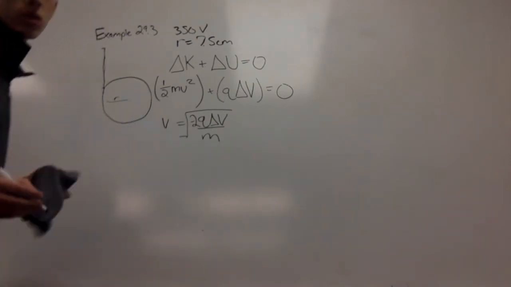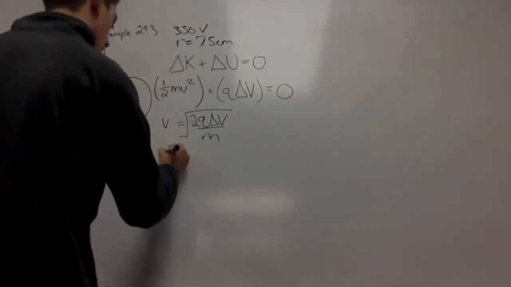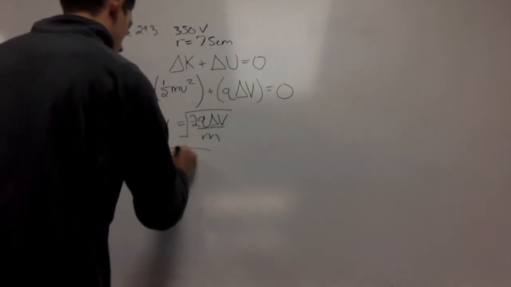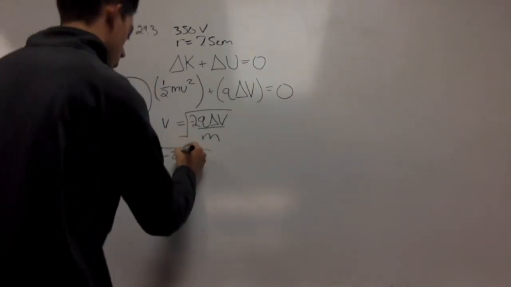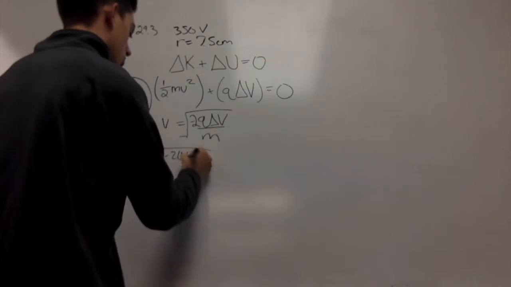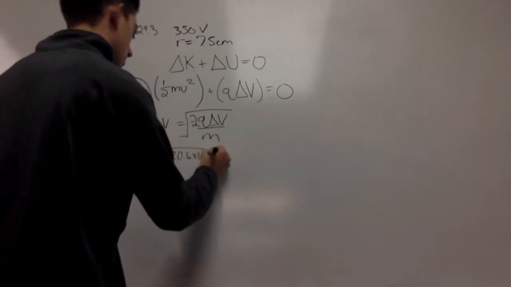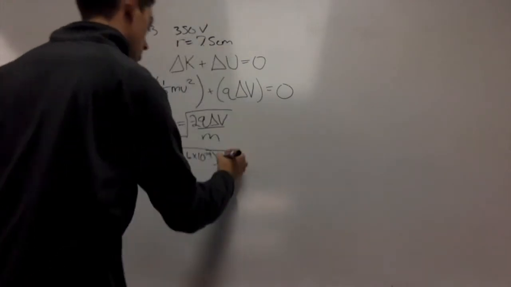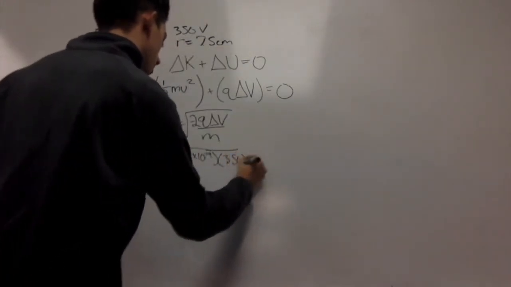Then we'll plug in some basic values. The charge of an electron is 1.6 times 10 to the minus 19 coulombs. Our change in voltage is 350.